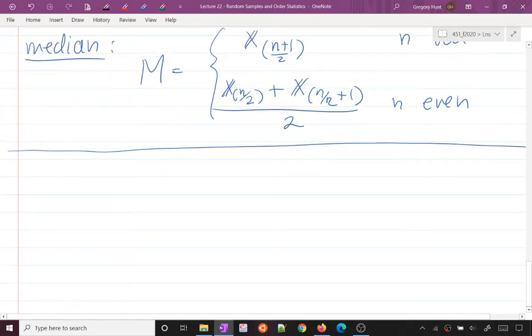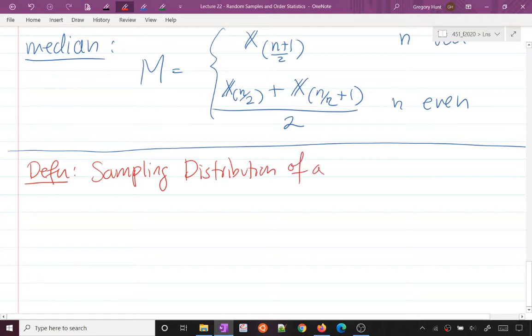So before we start talking about some of these statistics, we're going to define something called the sampling distribution of a statistic.